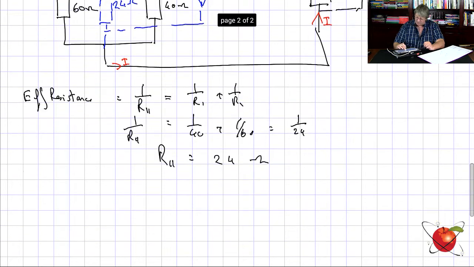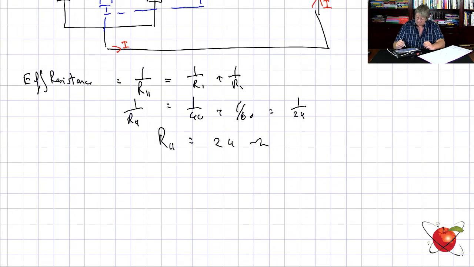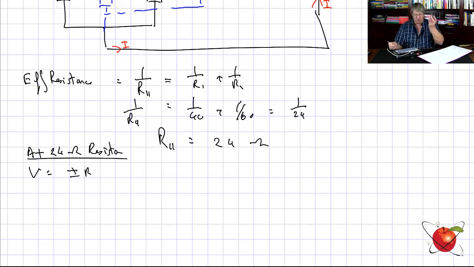How do I do that? Well, I say, hang on, I only know V is equal to IR. I'm now looking at the 24 ohm resistor. Can you see I'm just compartmentalizing it? V is equal to IR. Do I know I? 0.5, 24. So that's going to be equal to 12 volts.